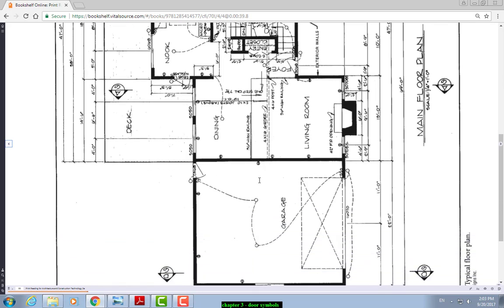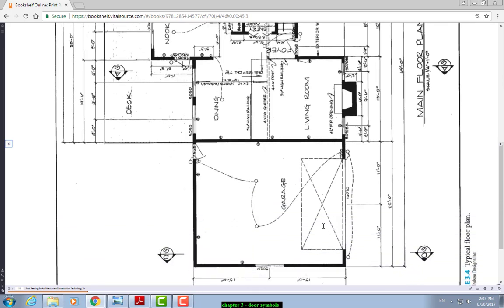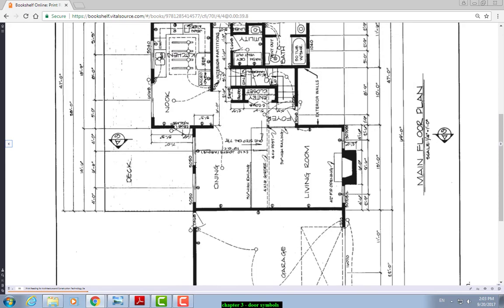Now, in residential projects again, you might not have symbols for door schedules. So when that happens, you put the size of the door on the actual door. For example, again, it's hard to see because we're seeing it sideways.